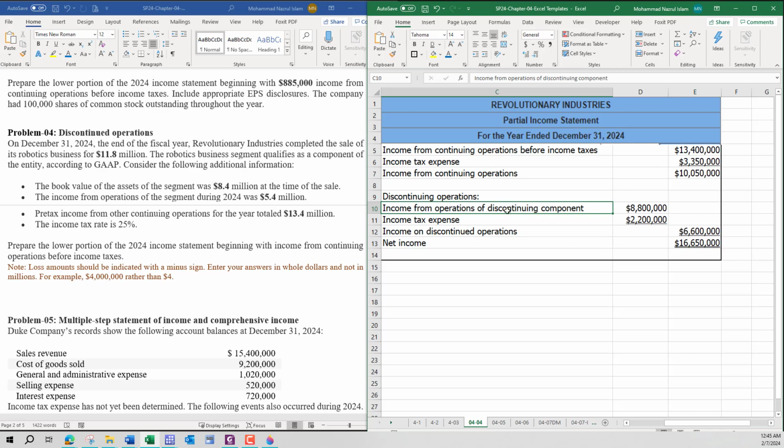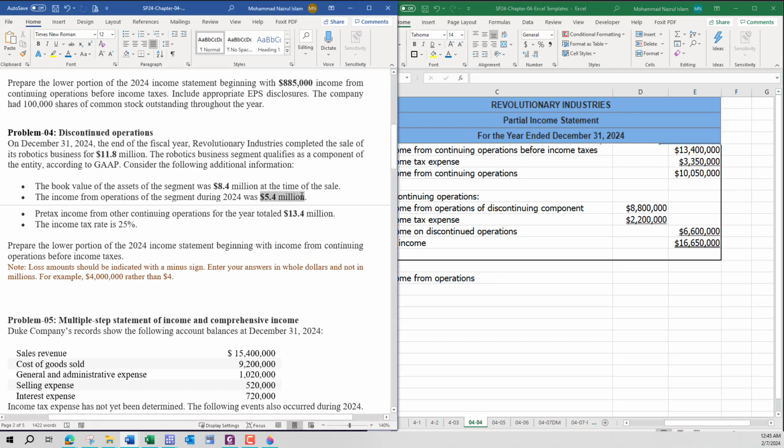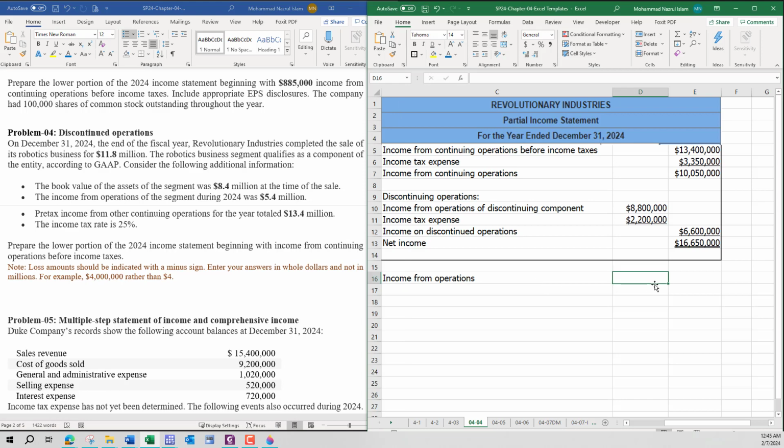And discontinued operations. So income from operations of discontinued component is 8,800,000. How do we get this? Income from operations was given as 5.4 million for the discontinued component, so 5,400,000.